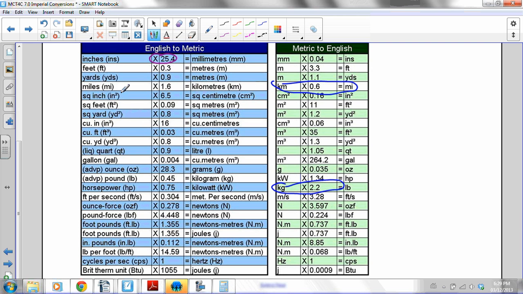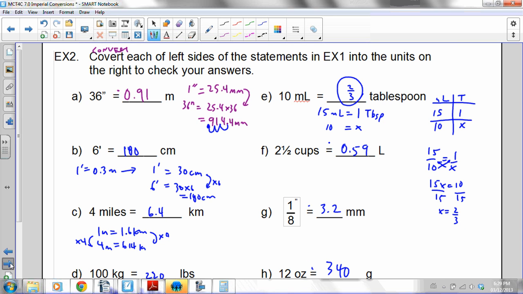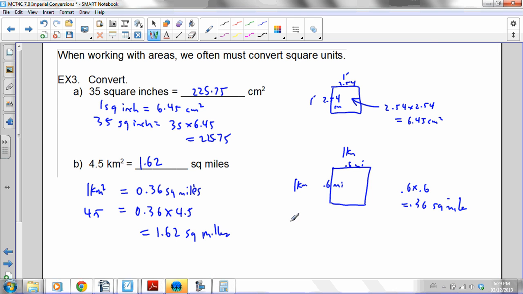I thought we had kilometers and miles, and we got square feet and square inches, so some of those we could do automatically, right? The first question, we converted from square inches to centimeters. There's that 6.5 factor. We said it was 6.45, but they are using a conversion factor: 1 square inch is 6.5 centimeters squared.